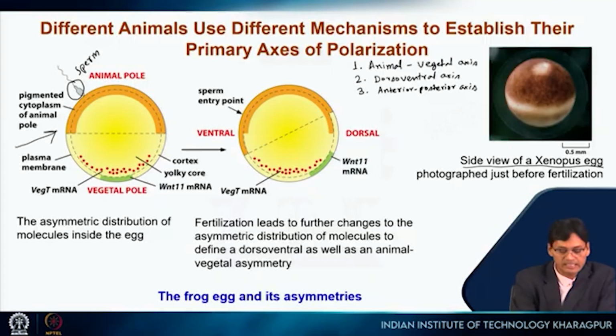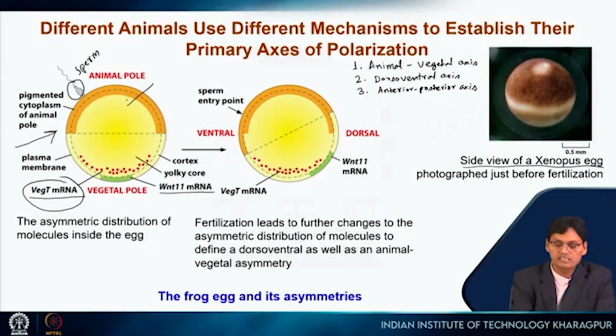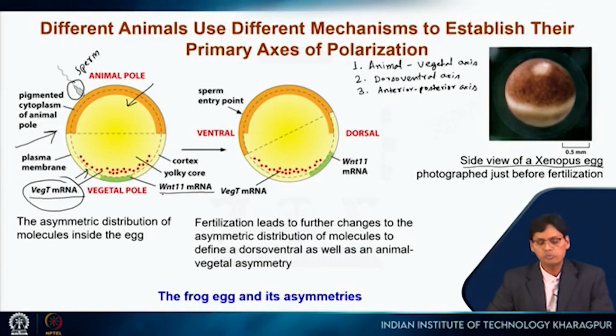I am mentioning here VegT mRNA, and then Wnt11 mRNA. There are a lot of other molecules, but those two are very well characterized. As you can see, this same mRNA is not present on this side, but it is present on the vegetal pole, and not in the animal pole. What I am trying to explain is that this information is already present in the egg itself.